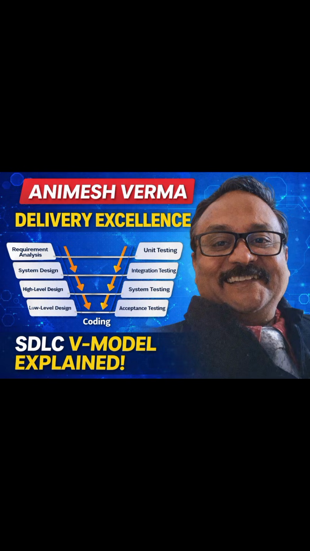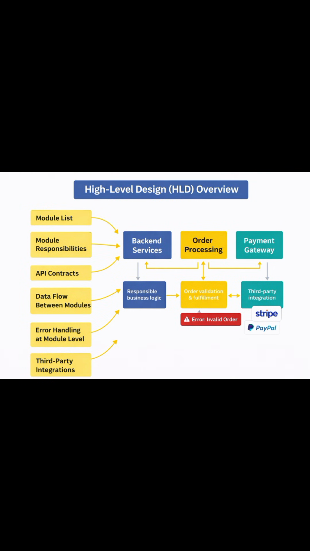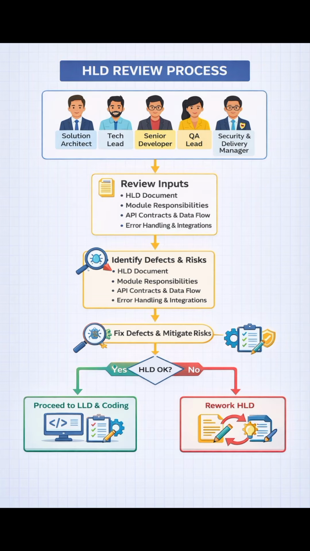Okay. So HLD typically includes the module list, module responsibility, API contracts, data flow between modules, error handling at module level, and third-party integrations. Now, the HLD review also, because I spoke about the review, right?